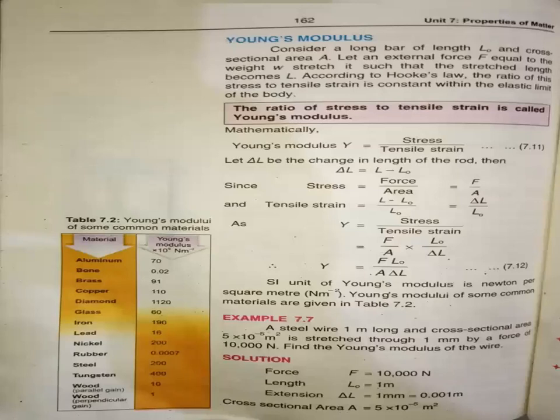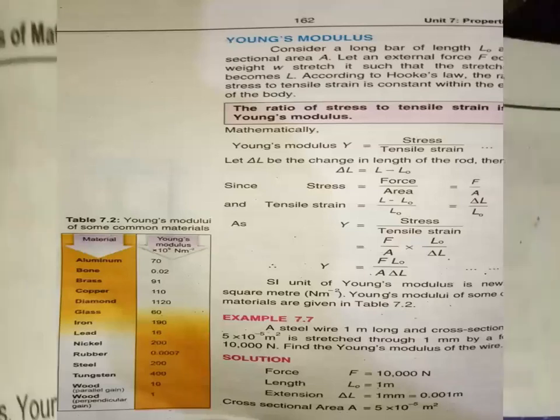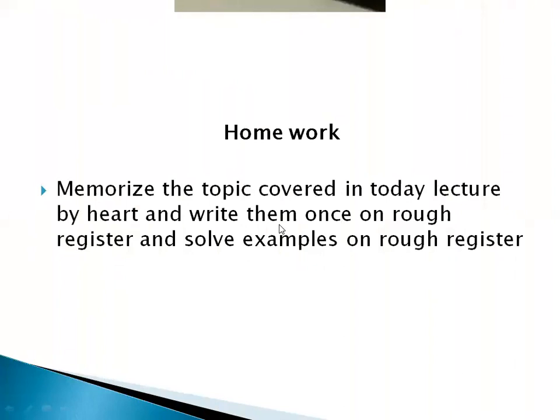Try to memorize your topic as early as possible. So memorize the topic covered in today's lecture by heart, write them once on a rough register, and solve example 7.7 on your rough register.